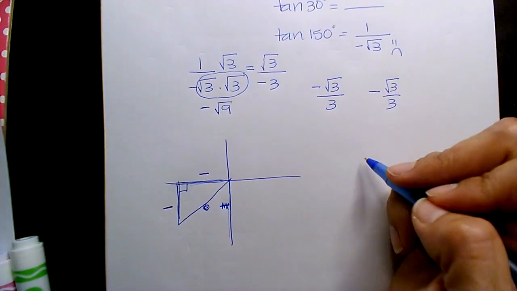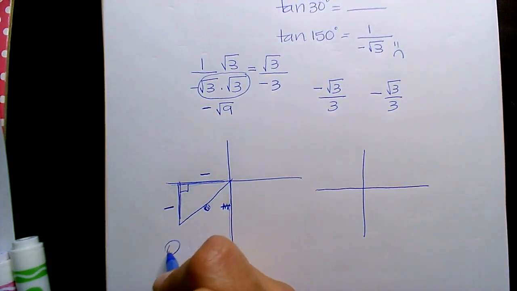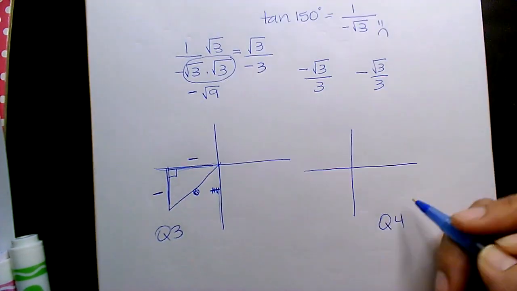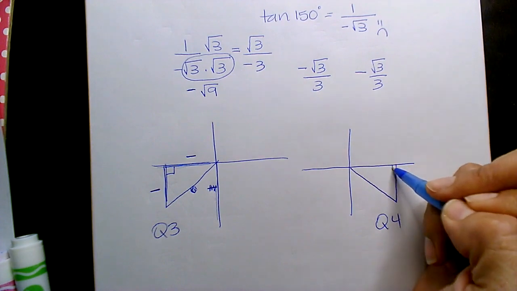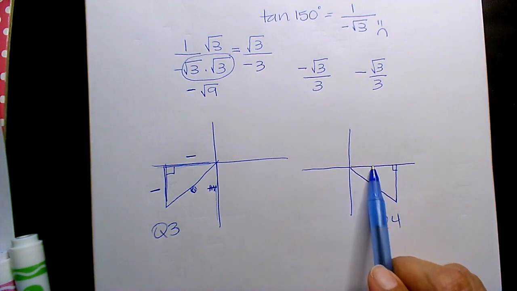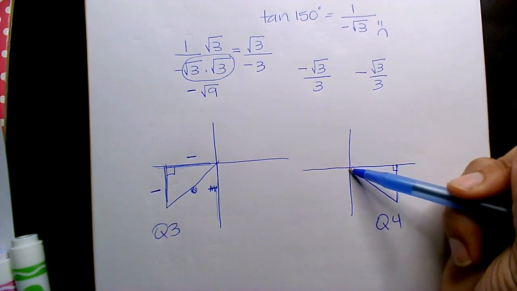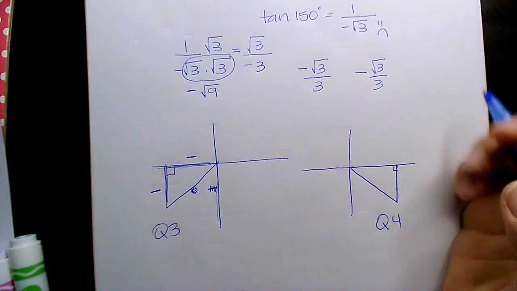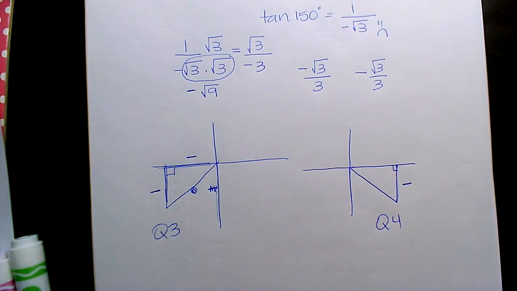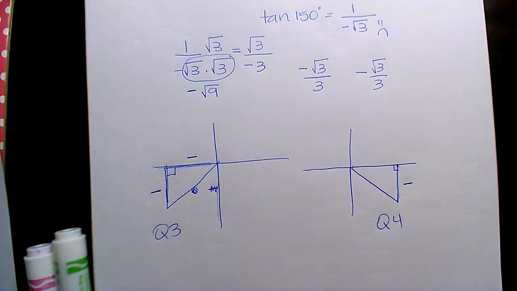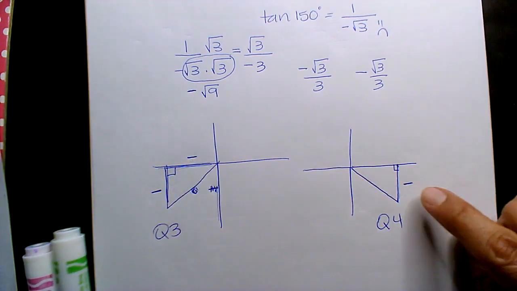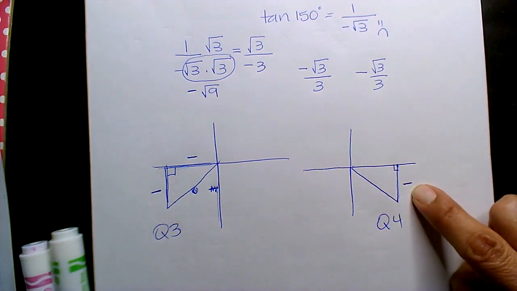And when you are in quadrant 4, your triangle has a leg on the positive x-axis, but this leg is moving down the y-axis, which is the negative length. So in quadrant 4, it's positive, negative.